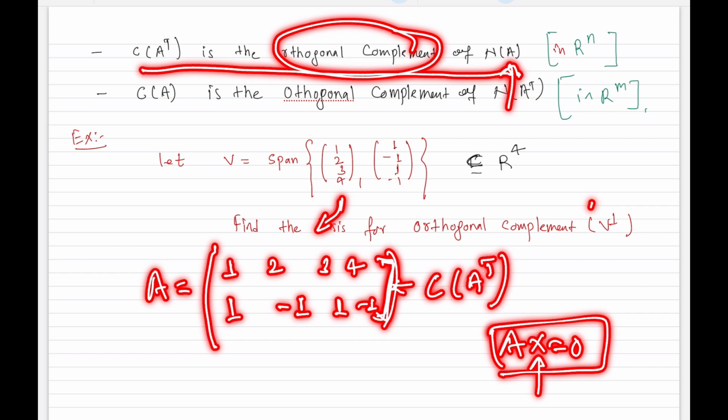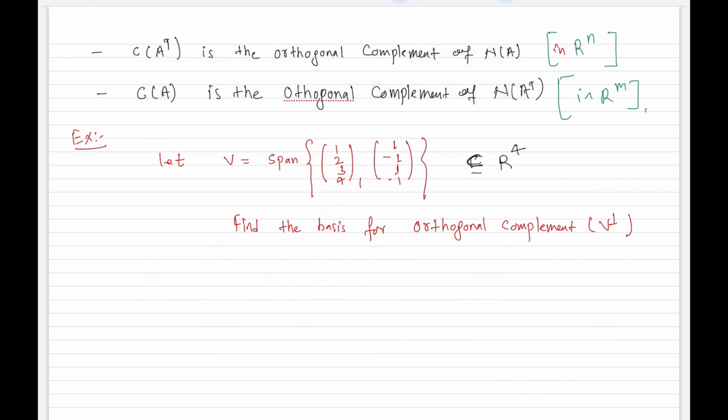And if we have this null space, then we have the orthogonal complement of these vectors, right? So you can go either using the column space, as we discussed just now with column vectors. If you have the column space, then you need to find the left null space.